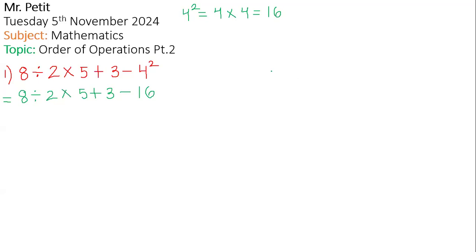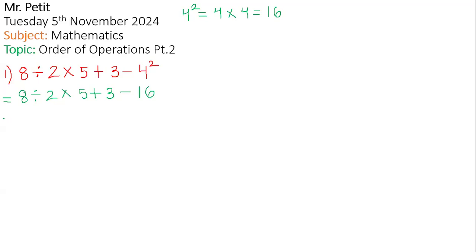Okay, so you're saying that we have to do the division or the multiplication first? Multiplication? No, you should not. Division. 8 divided by 2 first. Why do you have to do division first? Because the division appears first. Yes, the division comes first from left to right.